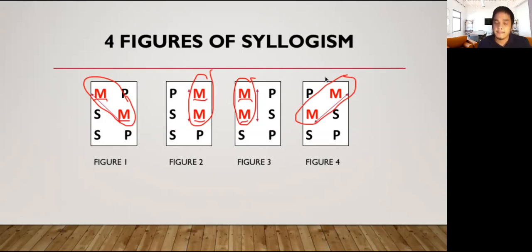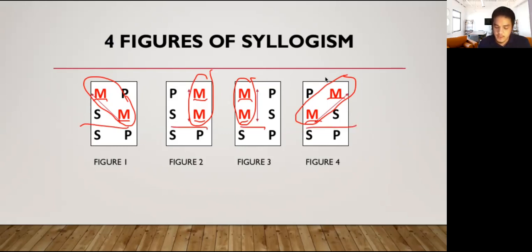And in the fourth figure, you have the middle term to be the predicate in the major premise and the subject in the minor premise. Okay, so you need to bear in mind the diagonal, the diagonal, straight, straight, diagonal figure.